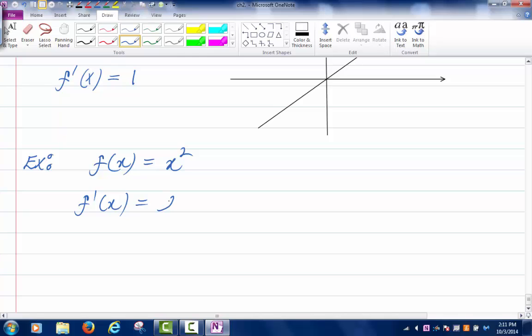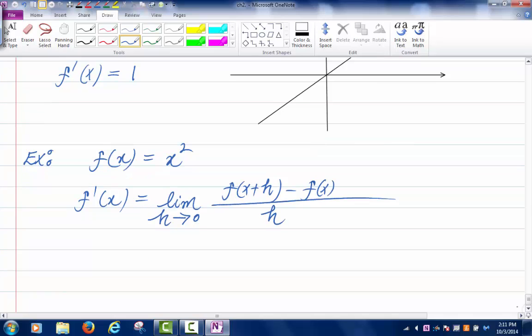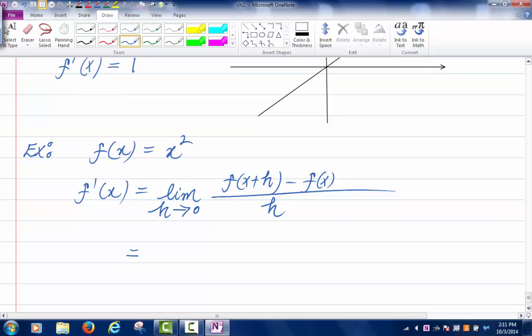But let's just take the limit as h goes to 0 of f of x plus h minus f of x divided by h. And if we do that, what are we going to get?